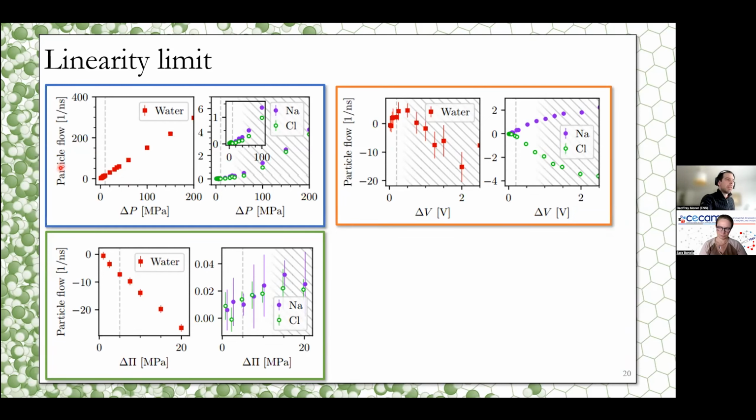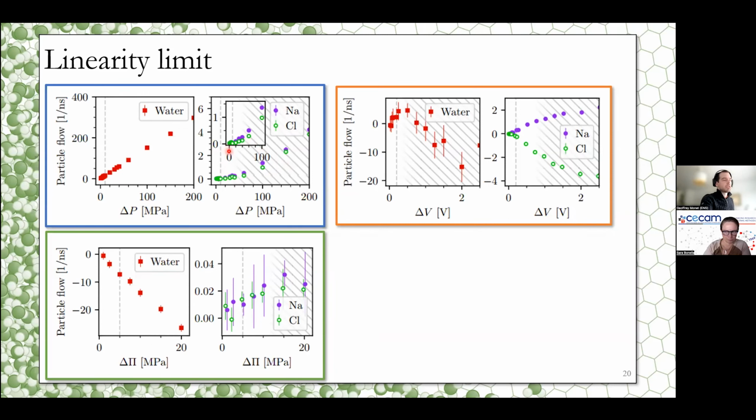And for example, for the pressure drop, it is quite common to have a pressure drop in simulations that reaches like 200 megapascal and so on, because you see that the flow of water particles stays strangely linear up to this very high value of pressure drop. But here, when you take a closer look at what happens for ions, you see that the response becomes nonlinear at a way lower value of pressure drop.